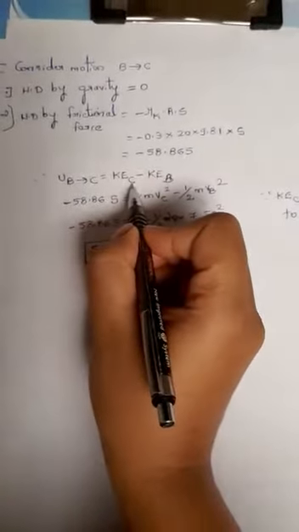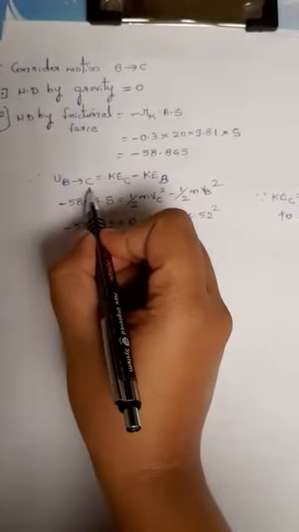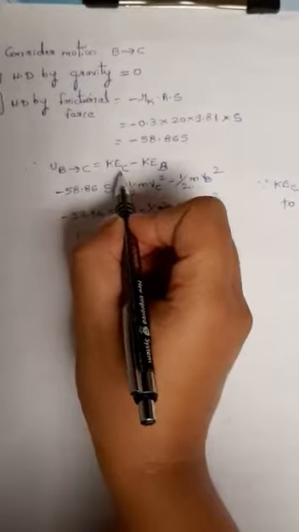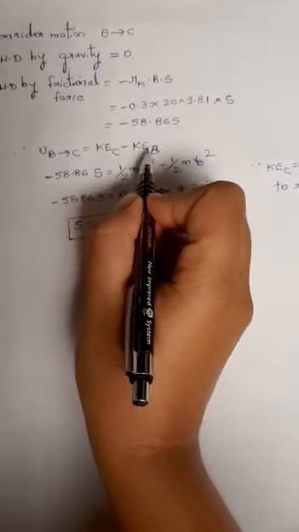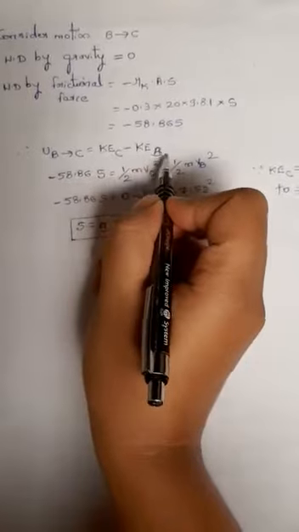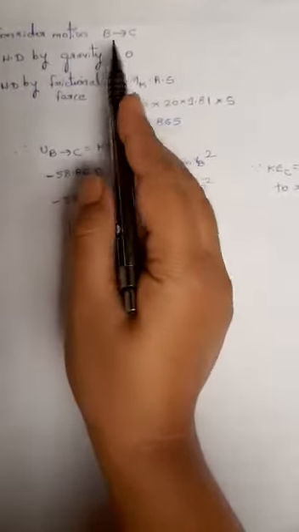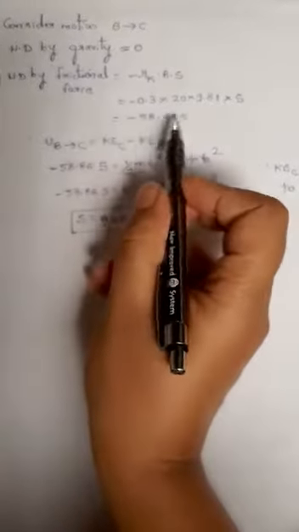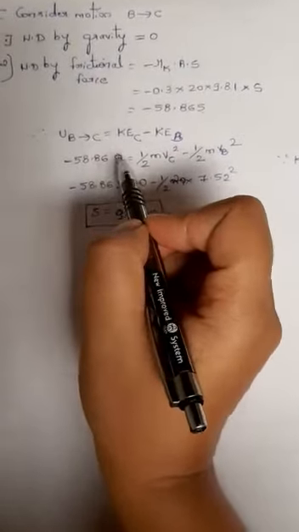By applying the work energy principle from B to C, the work done from B to C is equal to final kinetic energy minus initial kinetic energy. The final position is C and the initial position of motion is B. So KE at C minus KE at B. I know this value, substitute here as it is.